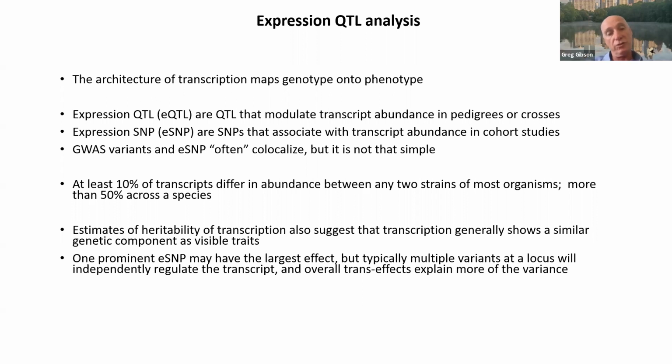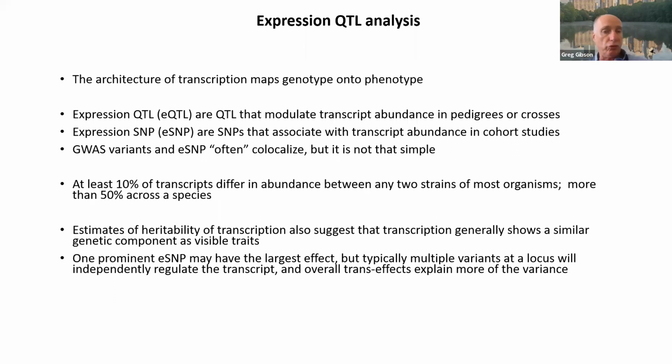What we now know is that the heritability of transcription is pretty much in the same order as traits. Sometimes, occasionally, it's up to 80 or 90%. More often it's in the range of 30, 40, or 50%, which is not too different from obesity, diabetes, inflammatory bowel disease, and so forth.